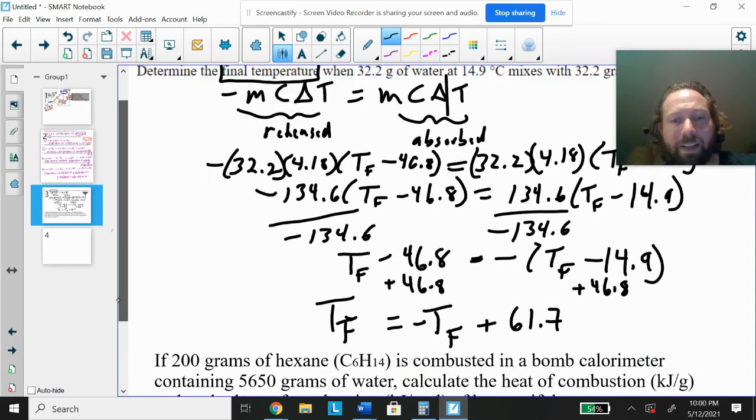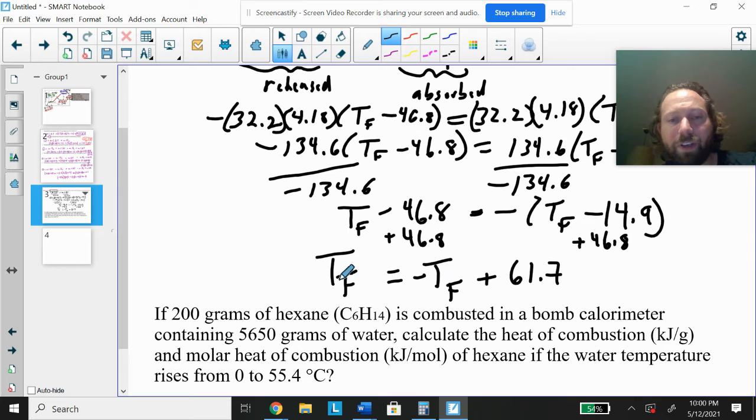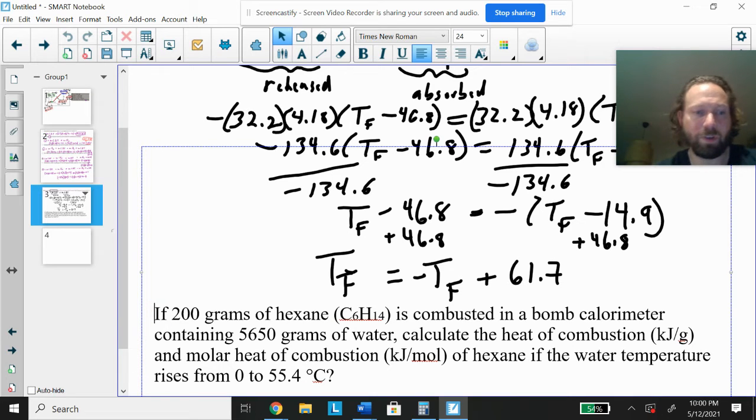And last but not least, we're going to take this over here and make this 2 temperature final. We're almost there.